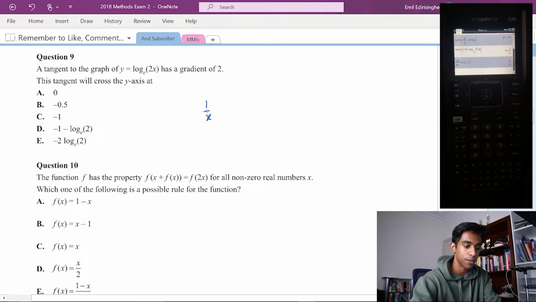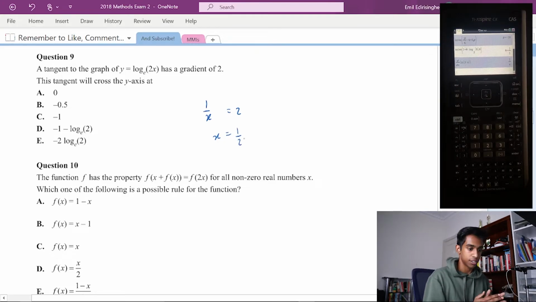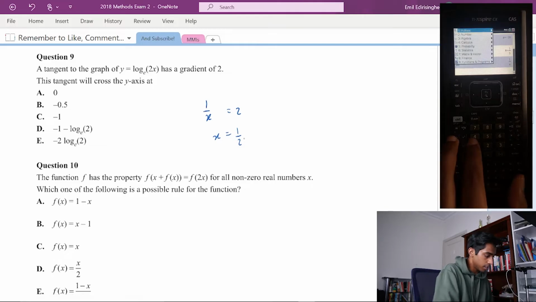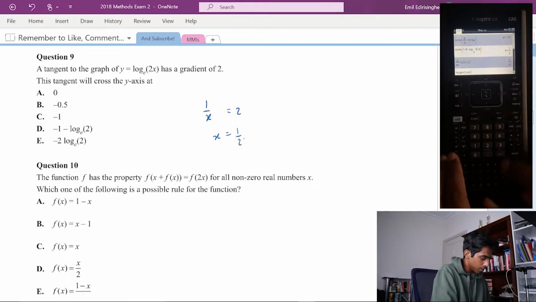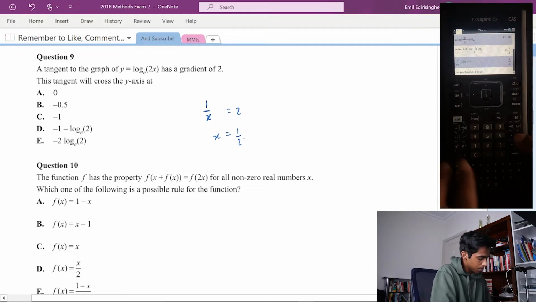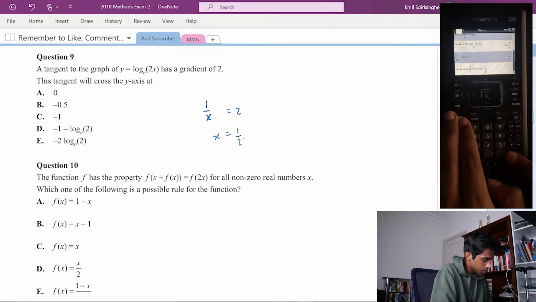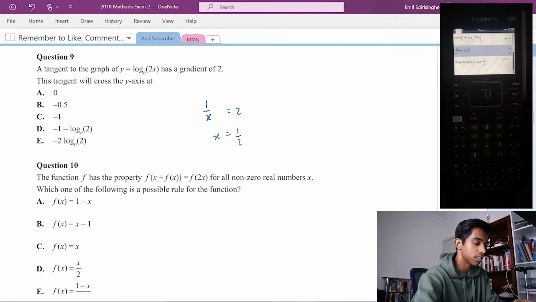So here I know that 1 on x is going to equal 2 when x equals half. Now I'll use the tangent equation on the CAS, going menu, 9, and I'll put in log of 2x, comma x equals 1/2. That gives us 2x minus 1 as the tangent, which gives us the answer C.